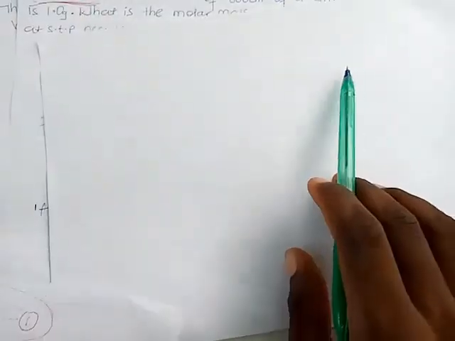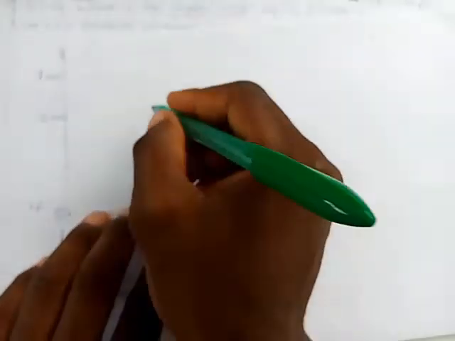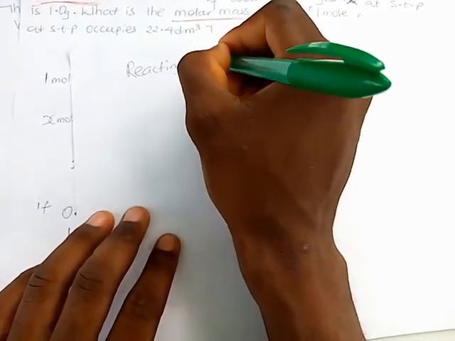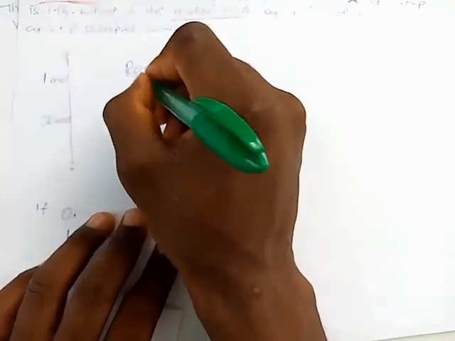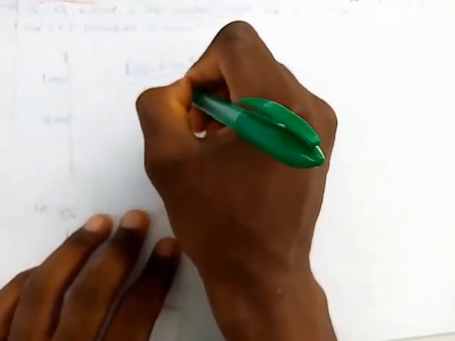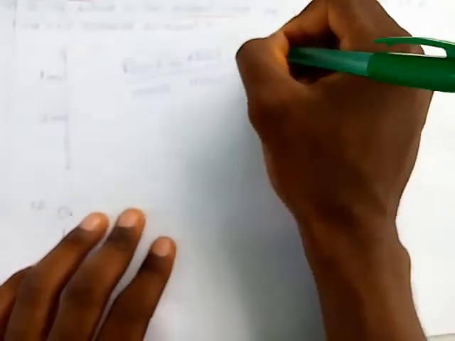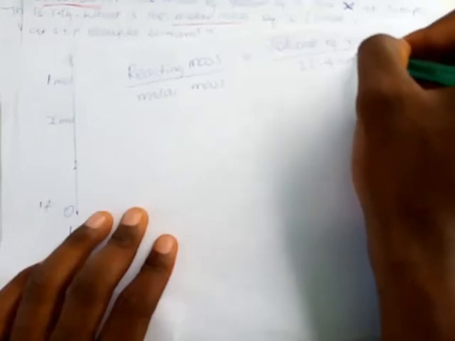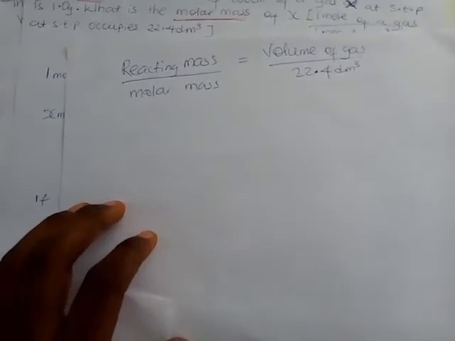So if I want to use the second method, I will just write out the formula that reacting mass over molar mass is equal to volume of gas over 22.4 dm cube, but in this case we need to convert this to cm cube since the volume given to us is in cm cube.